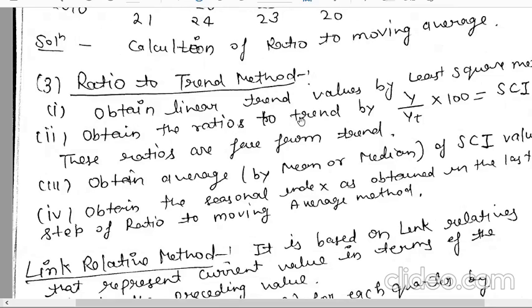Obtain the ratios to trend by Y upon Yt into 100, equal to SCI. These ratios are free from trend, right? Now, obtain the average by mean or median of the SCI values. Obtain the seasonal index as obtained in the last step of the ratio to moving average method. So these are the steps of the ratio to trend method, right?